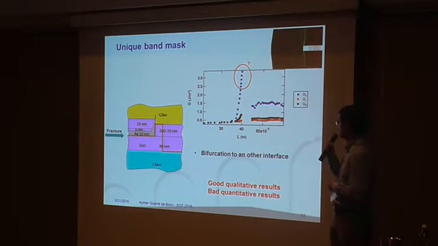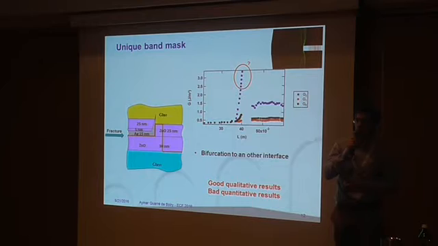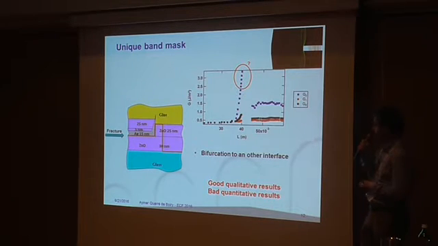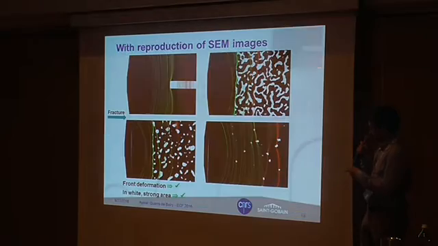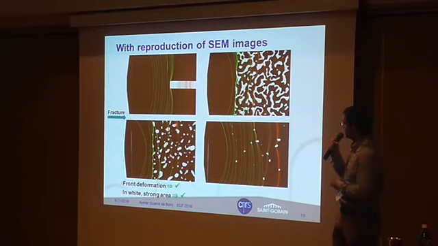It is due to another phenomenon, which is bifurcation to another interface. Here, it's an interface between glue and zinc oxide. So we have pinning, which is correct, but not really the same pinning as in other experiments. But as we have pinning, we can continue our study.